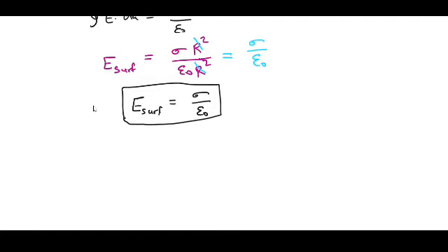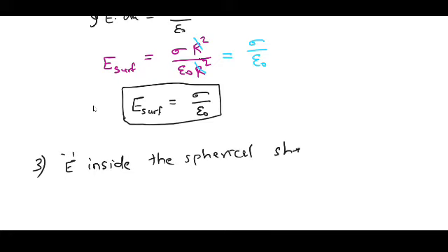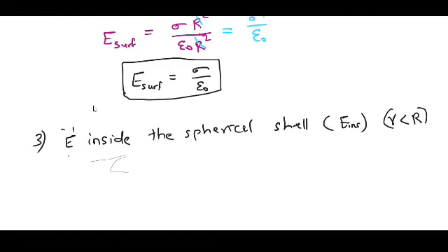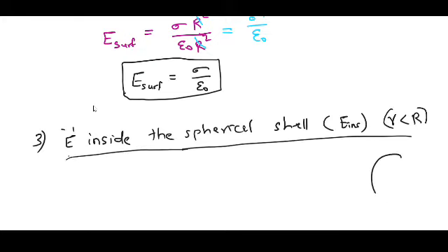The last case that we are going to discuss is the electric field inside the spherical shell. We denote this as E inside, in the region r less than R. Draw the Gaussian surface so that it lies inside the sphere.